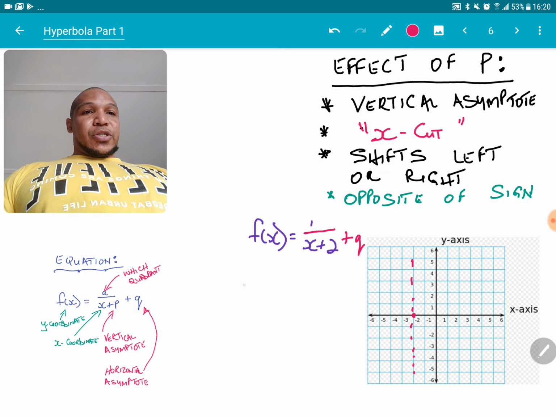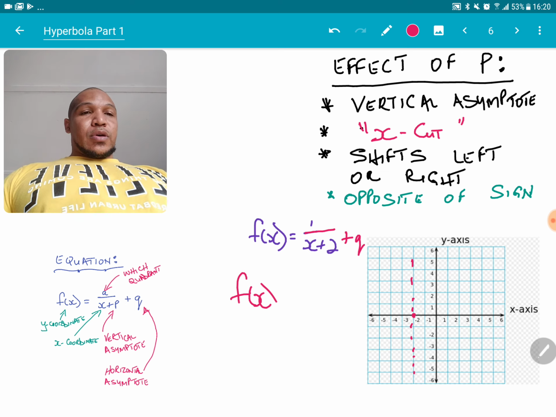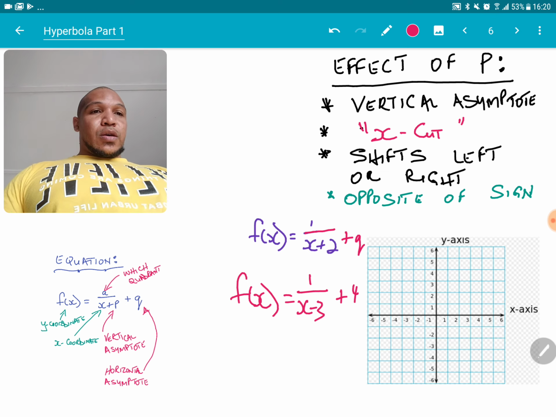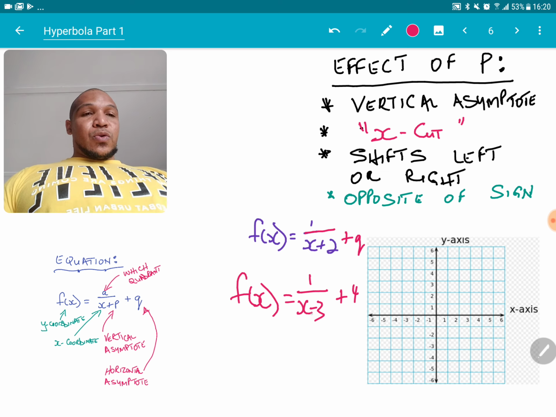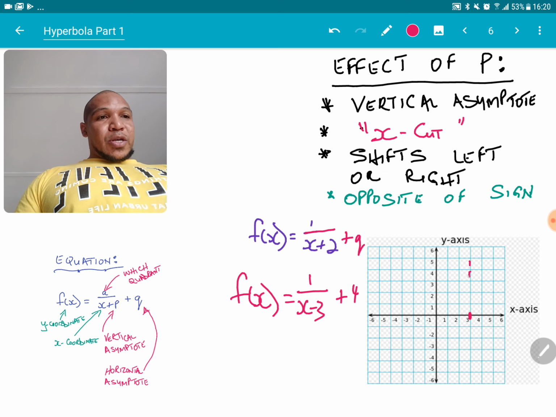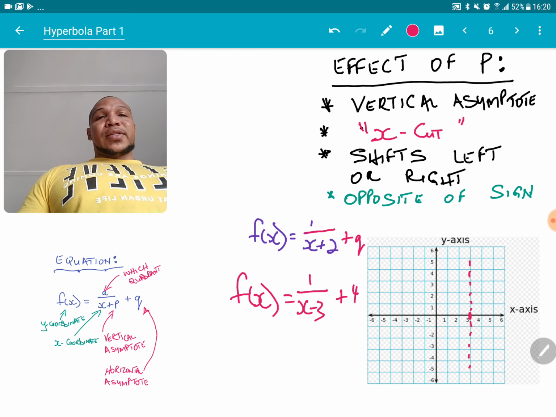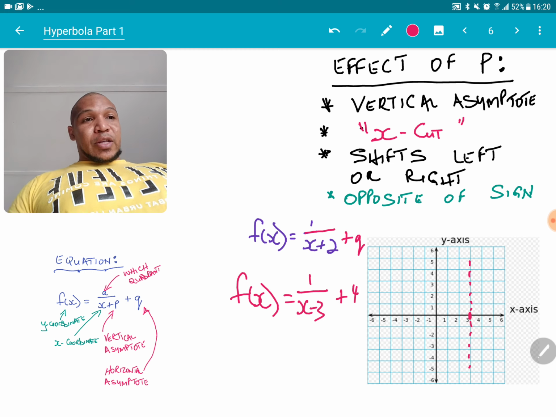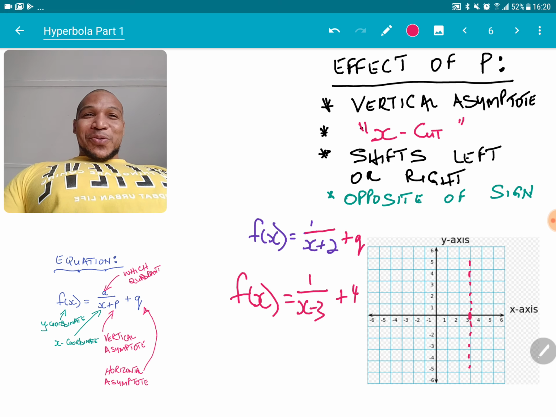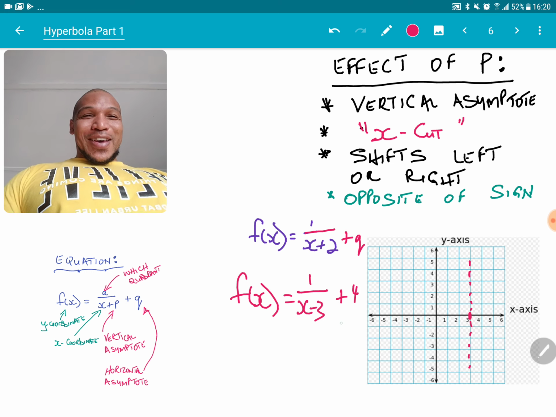Let's just write another equation quickly. Let's say f of x equal to 1 over x minus 3 plus 4. We said when the sign is negative, our value will be positive. So it will be +3, and that would be my vertical asymptote. And just for fun, what would my horizontal asymptote be when we have this equation?